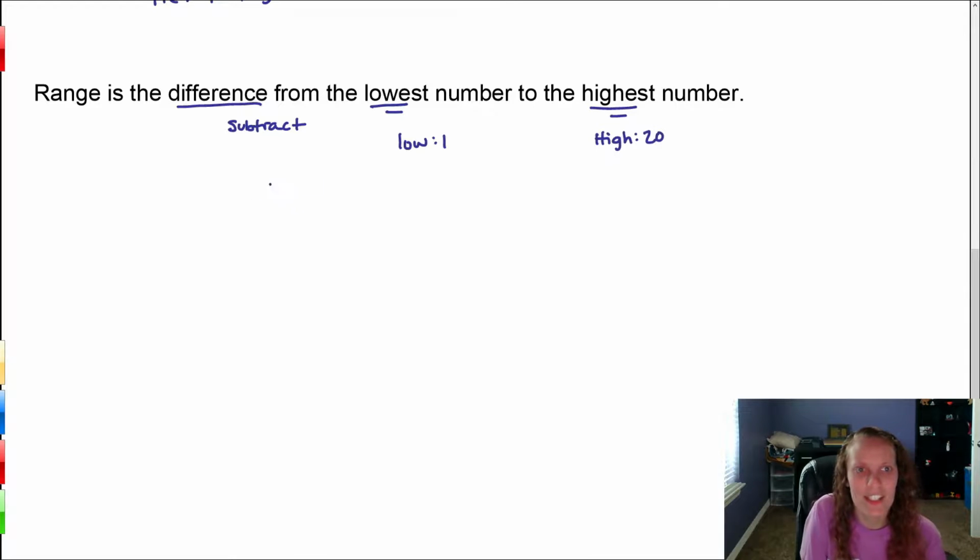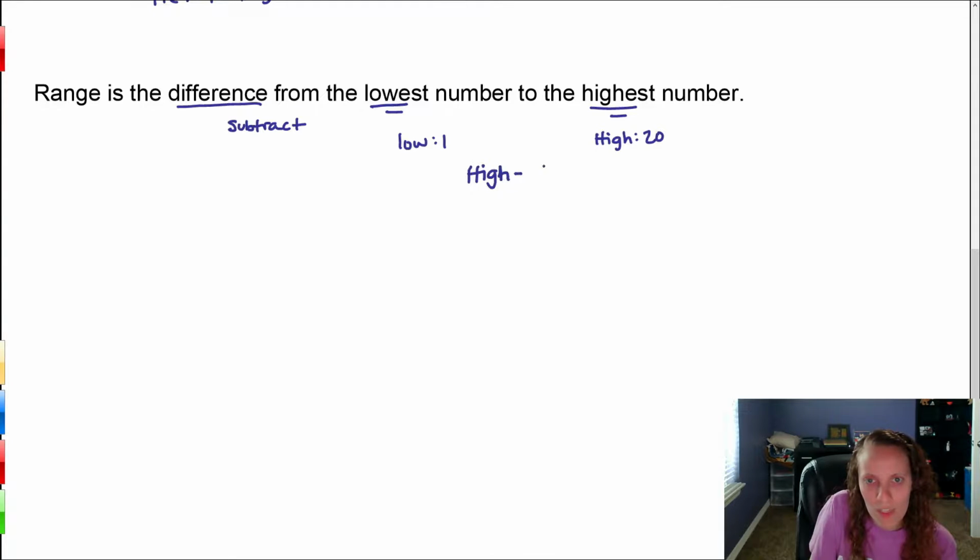And it says to find the difference between the two. So we would take the highest number and subtract it with the lowest number. So in this case, the highest number was 20. And then we would subtract out the low, which was 1. 20 minus 1 is a range of 19.